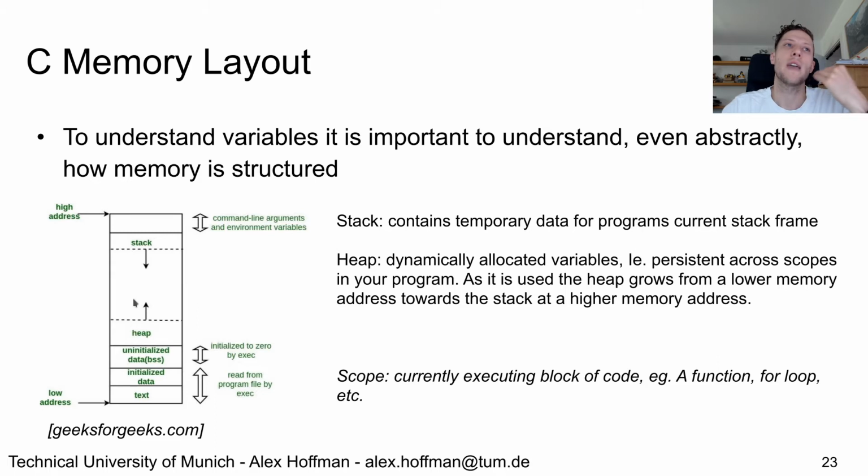And as you create variables in your functions, pushing them onto the stack, or dynamically allocate memory regions on the heap, you're growing these pointers, you're growing this address. You're just creating your variables in memory, and it happens sequentially.